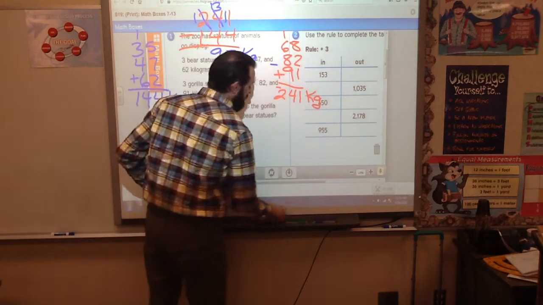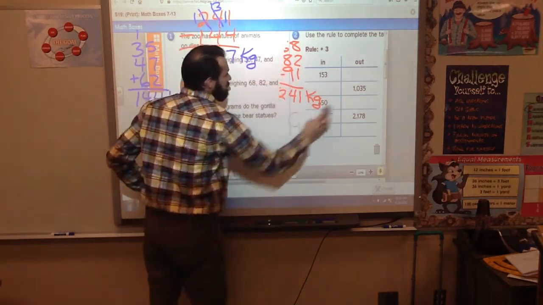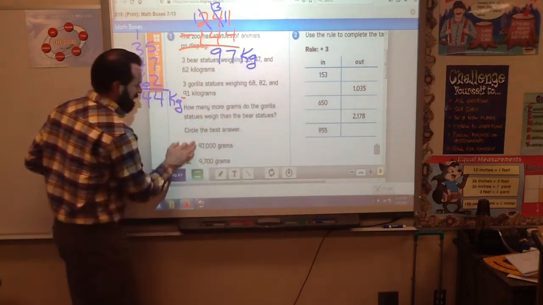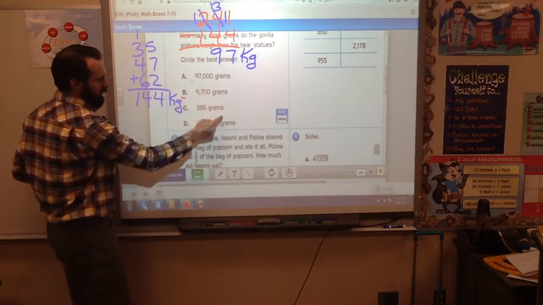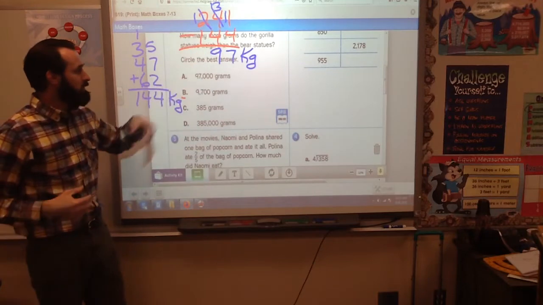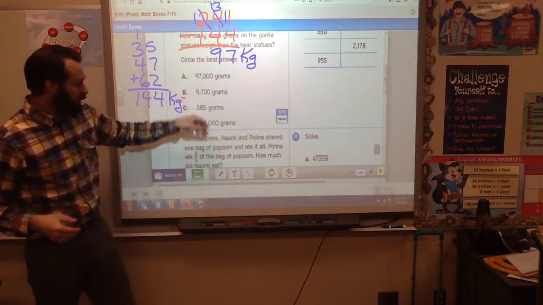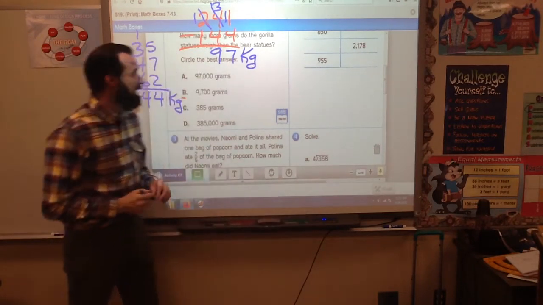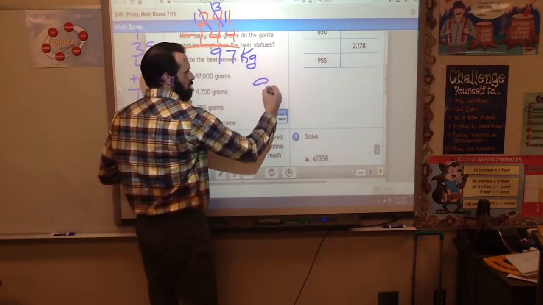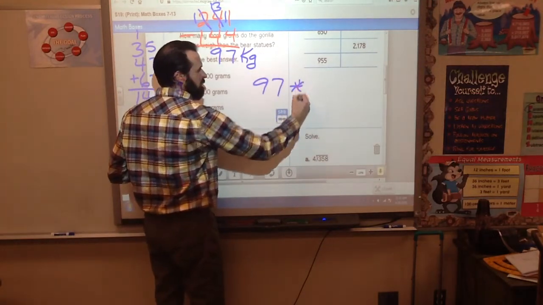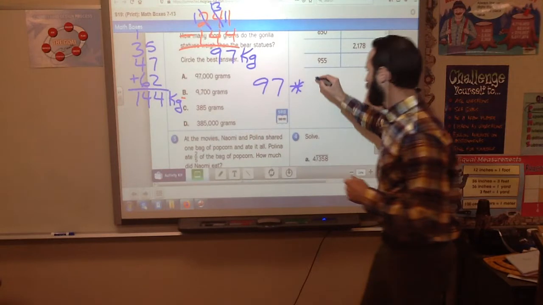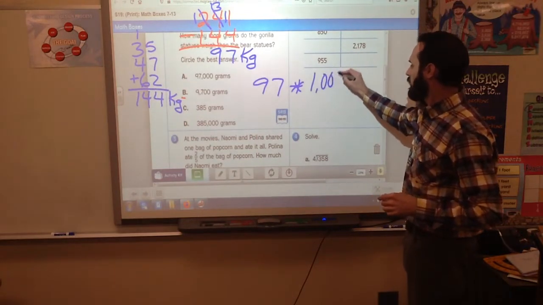But that's not the last step, because if you look at our answer, all of the answers are in grams. And it wants to know in grams. So when you change kilograms to grams, you take those kilograms and multiply by 1,000.